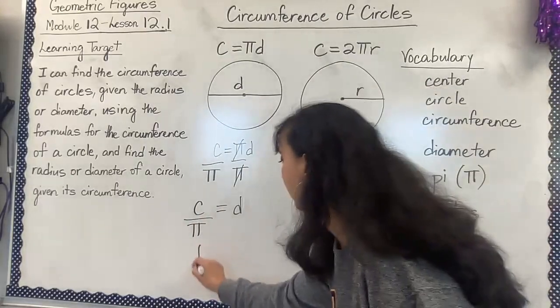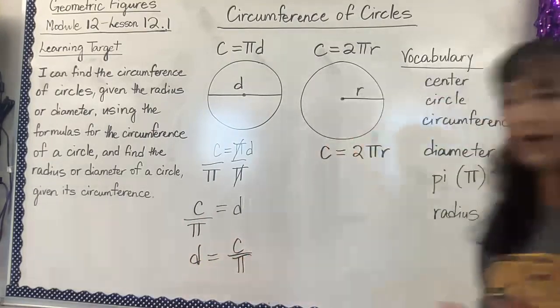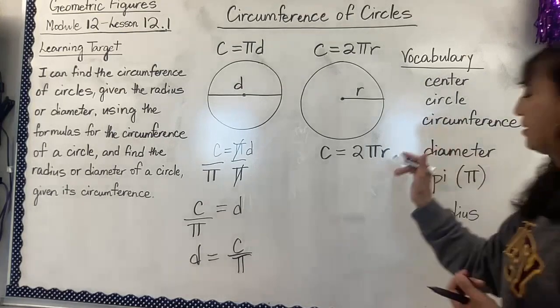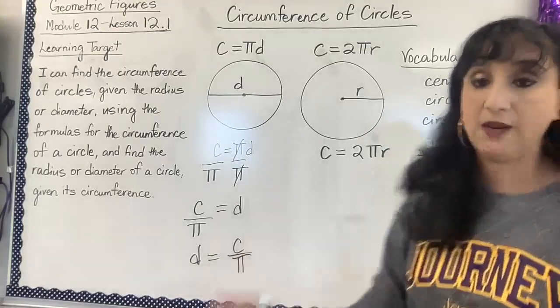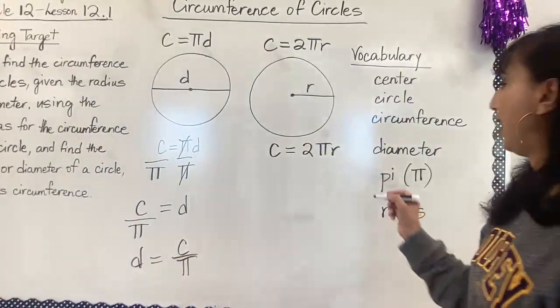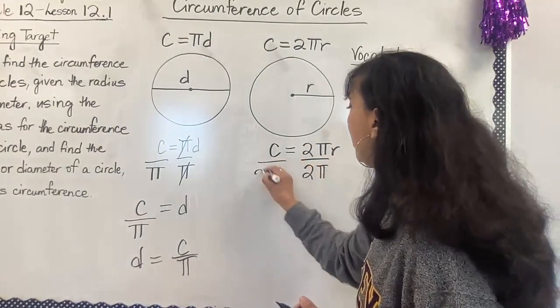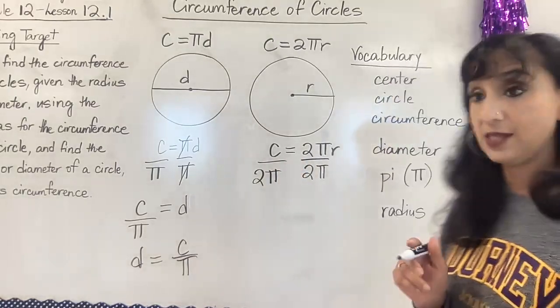Okay, or I can write it like this. D is equal to circumference divided by pi. All right, same thing. If I was doing the other one, how do I find the radius? I am going to use the division property of equality, because the opposite of multiplication is division. I'm going to divide both sides by 2 pi, because whatever I do on one side of the equation, I do the same thing on the other side.